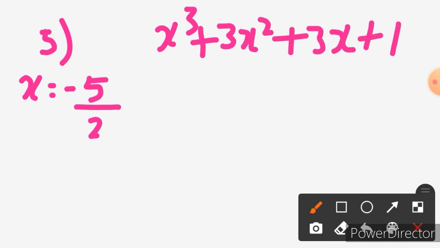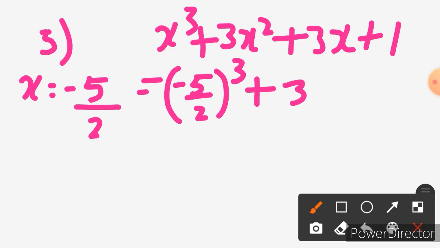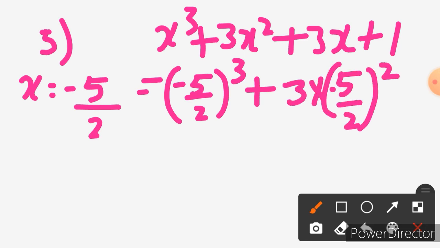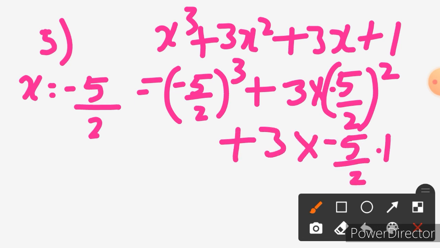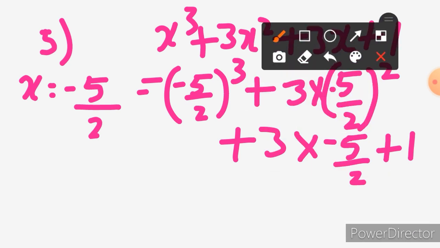As a next step, substitute in the place of x as minus 5 by 2 whole cube plus 3 into minus 5 by 2 whole square plus 3 into minus 5 by 2 plus 1. If you further simplify it, let me tell you what we will get.